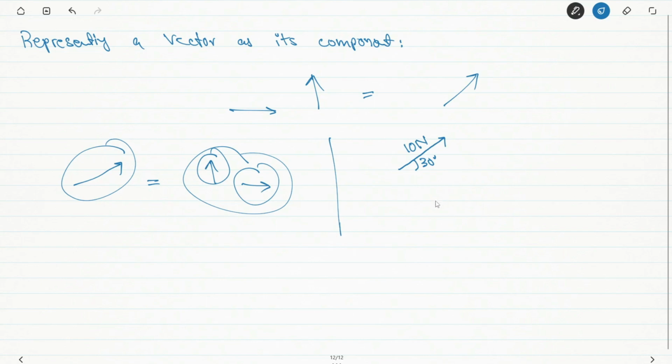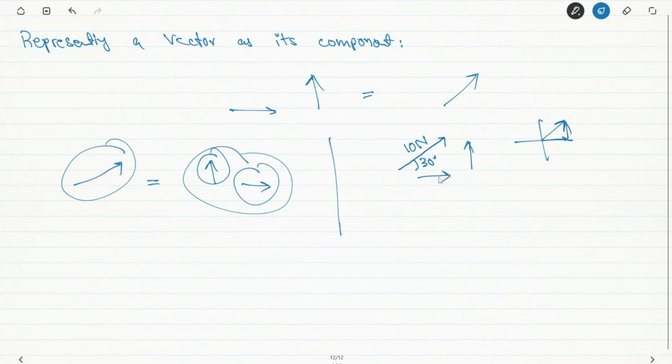So now, first what you have to do to solve any question, now this force, you don't know what the value of horizontal is and what the value of its vertical component is. To solve the problem, you will always need to know what the vertical component is and what its horizontal component is.